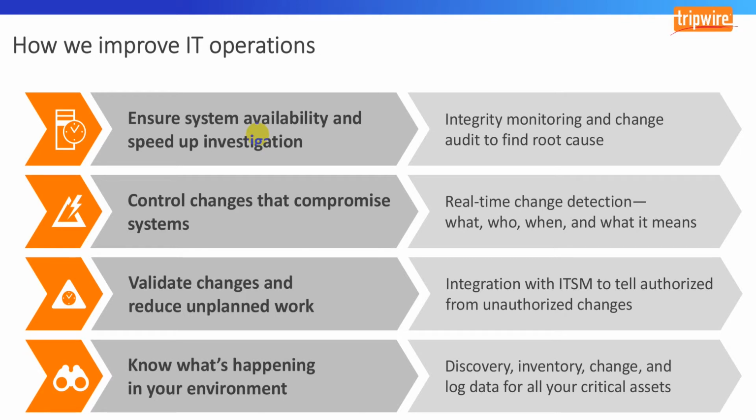So we also control the changes that compromise the systems by giving you real-time file integrity monitoring detection across your file systems, Windows or Linux, showing exactly what may have compromised your system. All of this information can help IT operations validate the changes and reduce unplanned work.